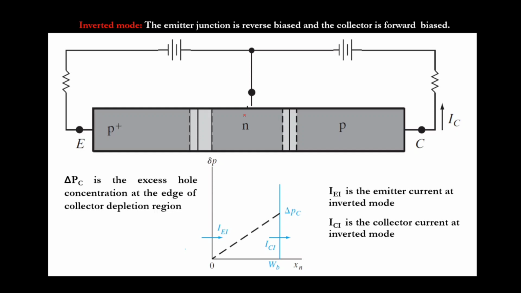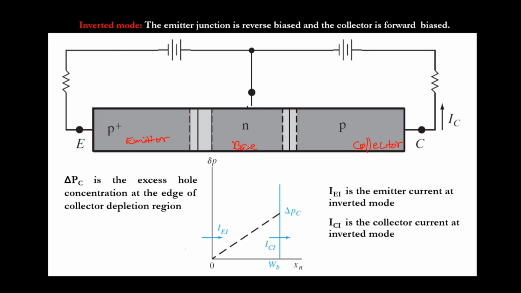And let's see the inverted mode. The emitter junction is reverse biased and the collector junction is forward biased. Look at this diagram. This is still my emitter, and this is my collector. This is the base, no doubt in that.